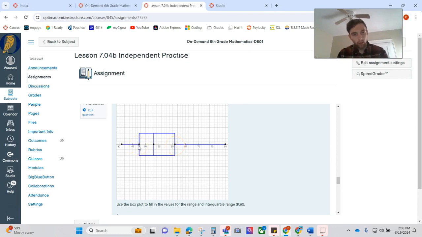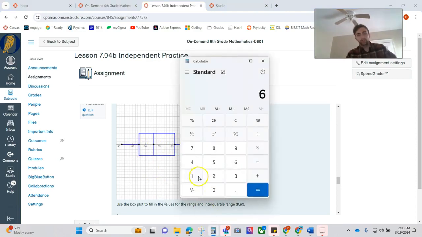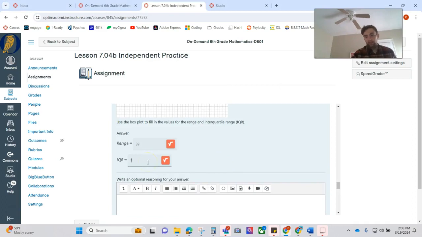What is quartile 1? 45, 46, 47, not 47, not 48, but it looks like it's right in the middle, so 47.5. So quartile 3 is 61, quartile 1 is 47.5, so let's minus those. 61 minus 47.5, 13.5.